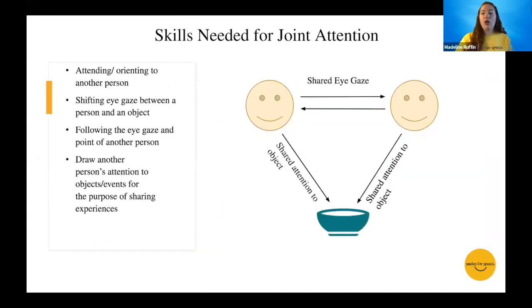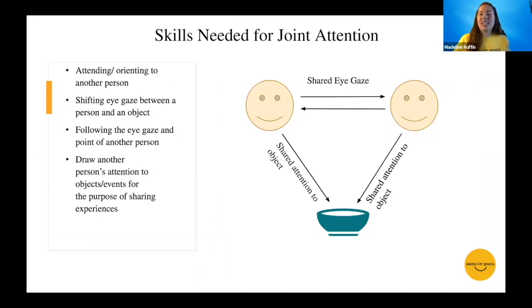So I'm going to just show a quick visual of two people or faces sharing eye gaze and also sharing attention with that bowl. So they are attending together to that object.